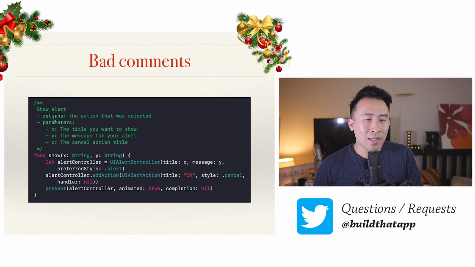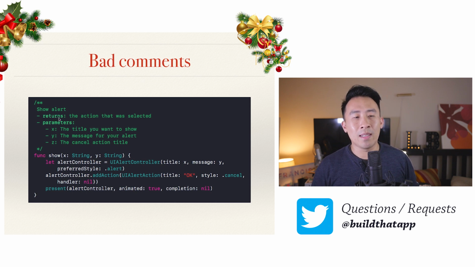And I would like to point out here the first issue, which is this returns line, this comment. And if you look at the function show, it doesn't actually return anything. So this comment, while it's still there, should actually be removed from your code because it doesn't match this function anymore. And so it's possible that someone wrote this show function and previously it did return something, but now it doesn't.